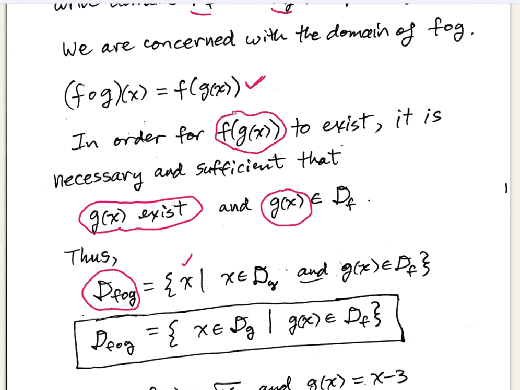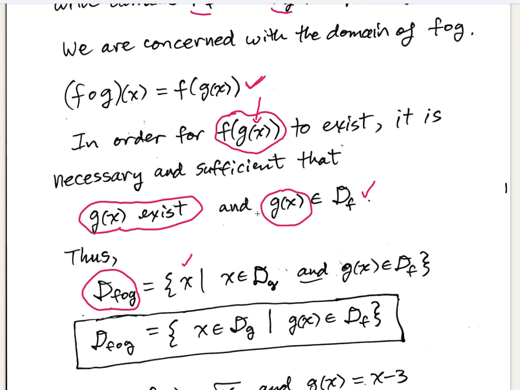Well, g of x better exist first, right? If I'm dropping x into g first when I compute this, g of x better exist. And then once I compute the value of g of x and drop that into f, that value better exist, which means that g of x better be an element of the domain of f.